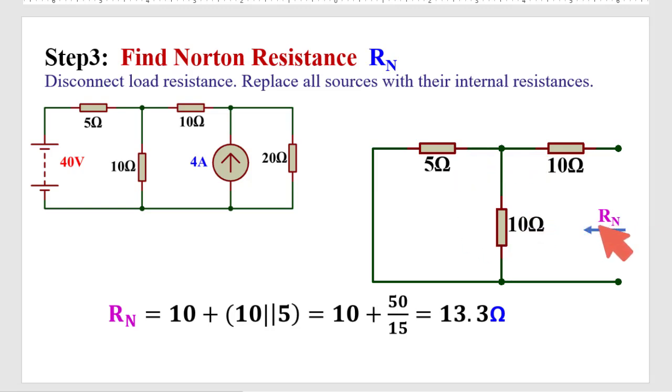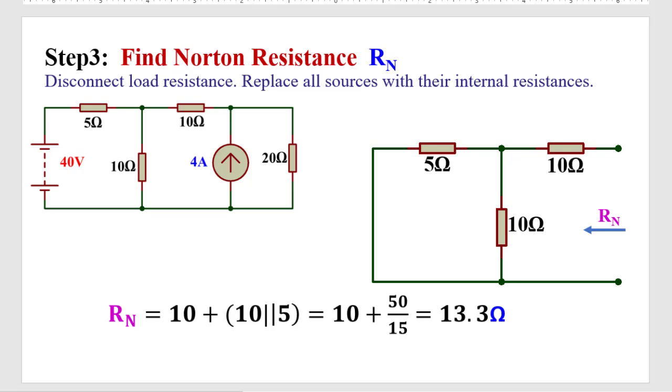When you look from this direction, the equivalent resistance of this combination is the Norton resistance. Here this 10 ohm is in series with the parallel combination of 10 and 5. Ultimately we got Rn equal to 13.3 ohm.